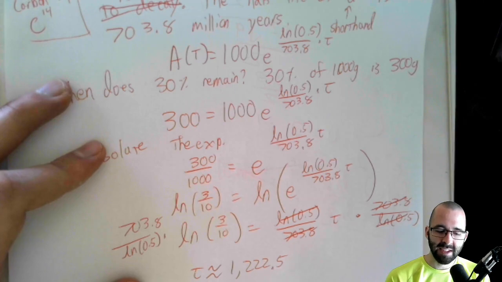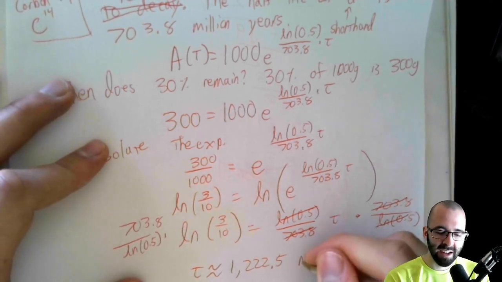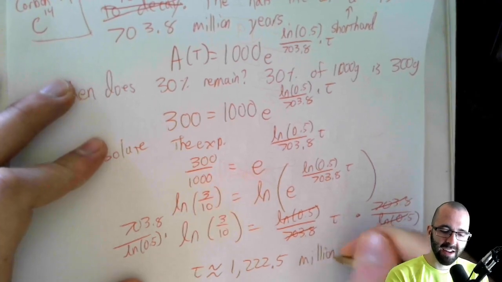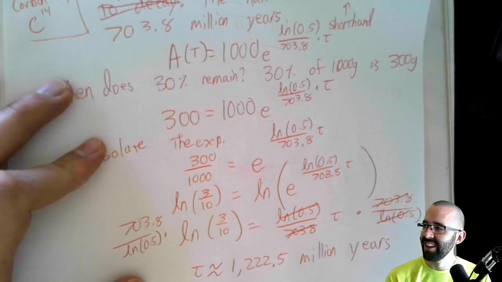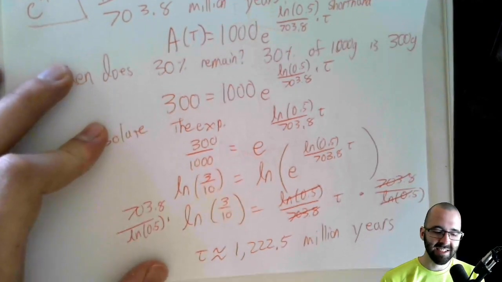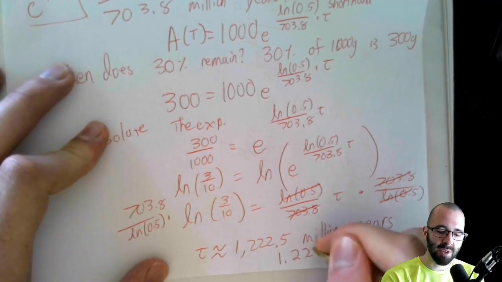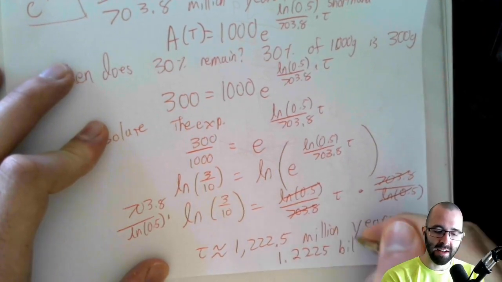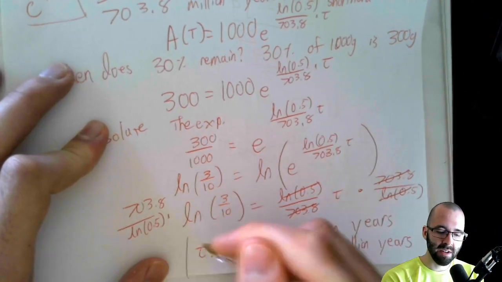And remember, what is t? We said t was in millions of years. So it's going to be a long time till this decays. If you wanted to answer also, 1.2225 billion years, you could as well.